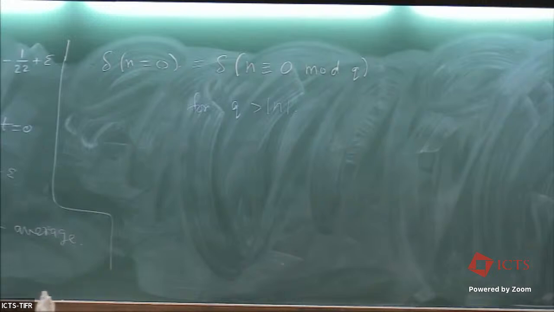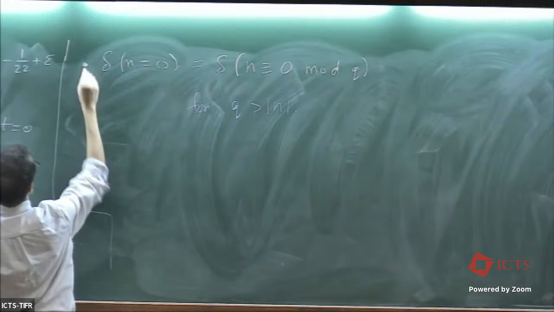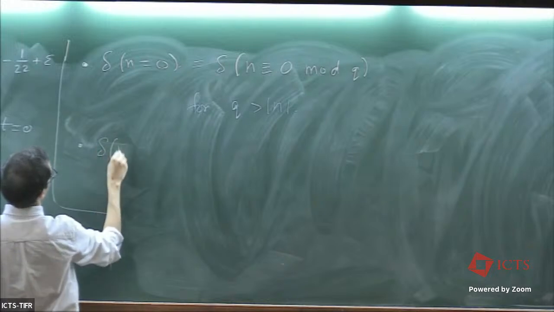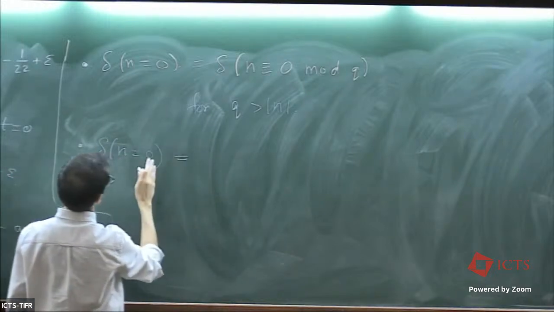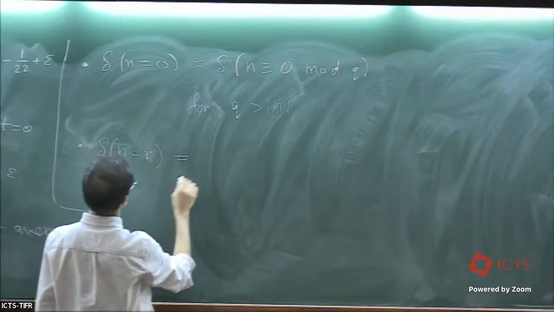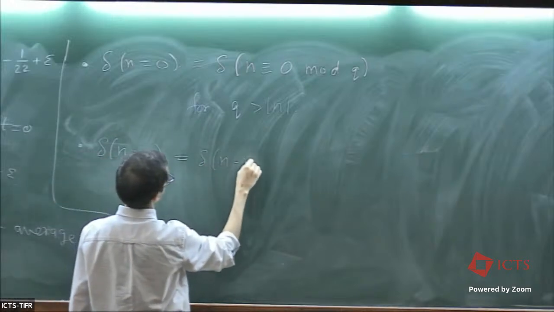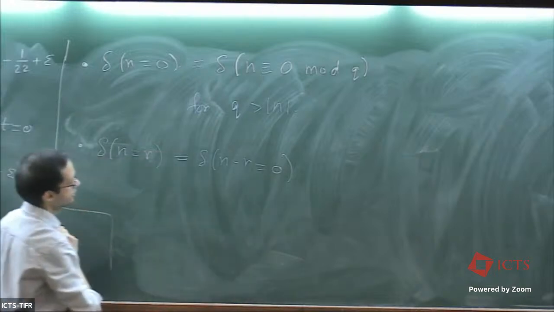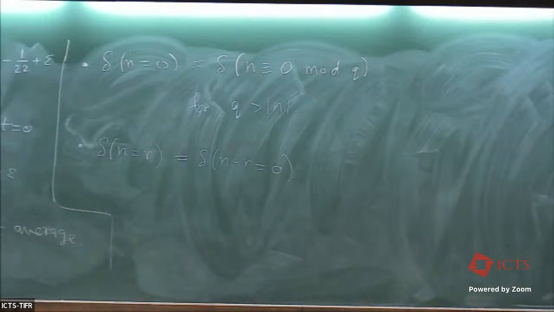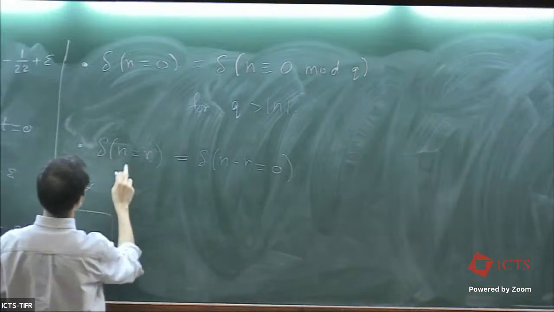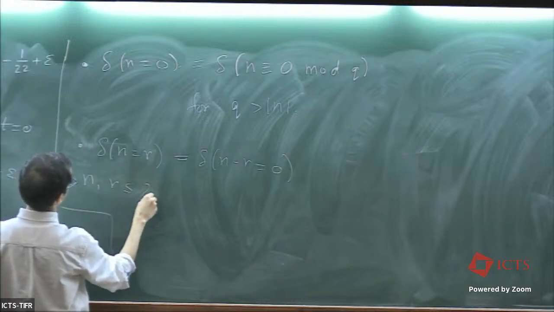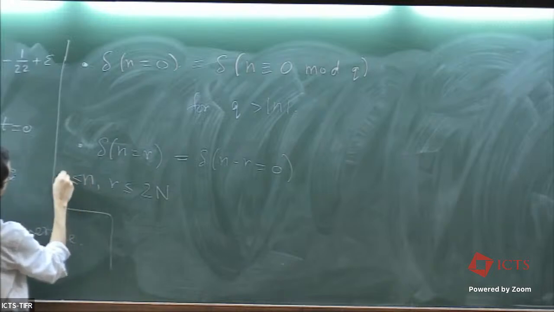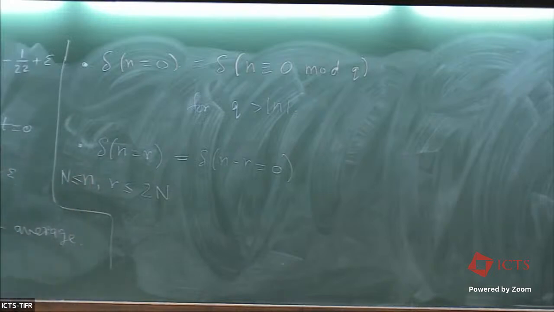What you can also do, for example, is let's say you want to detect when two things are equal to each other, you want to detect when their difference is equal to 0. Let's say to begin with that these two parameters lie in a dyadic interval.